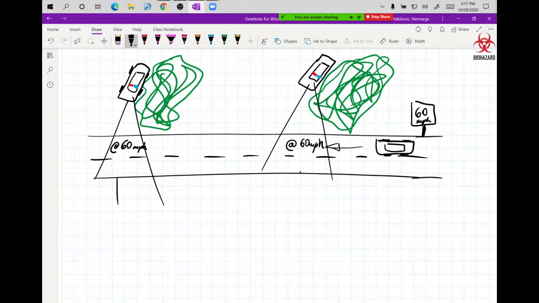Now, these two speed traps are going to be, let's say, 5 miles apart.